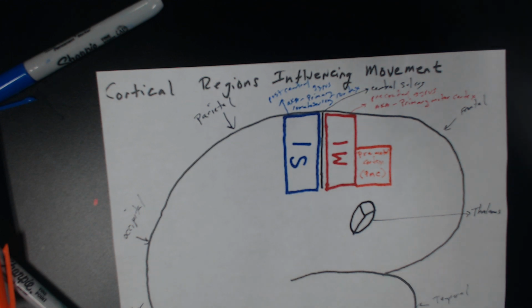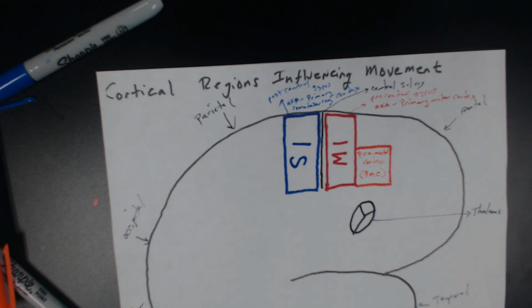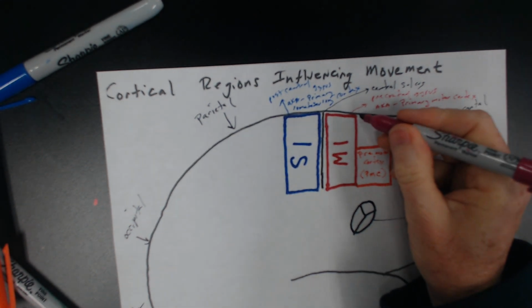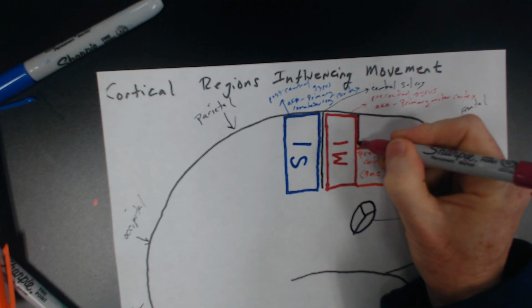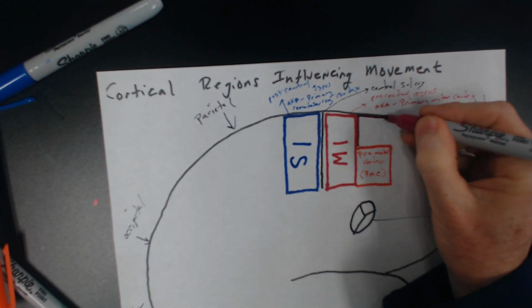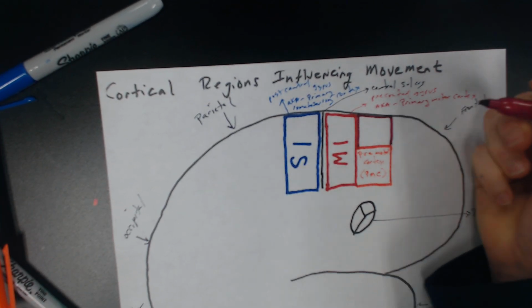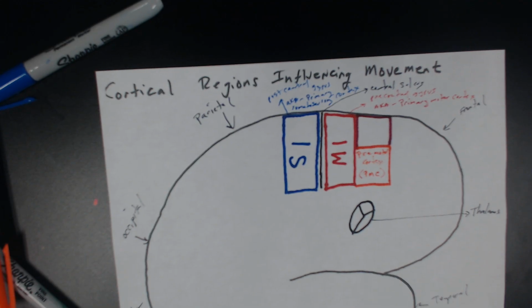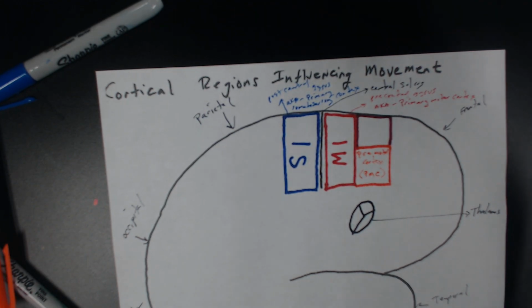And the last area in the frontal lobe that we're going to talk about is also just rostral to M1, and it resides here. This area is known as your supplementary motor area.